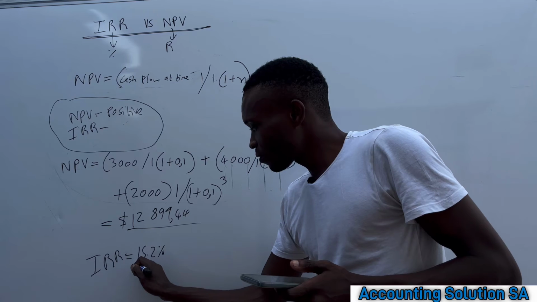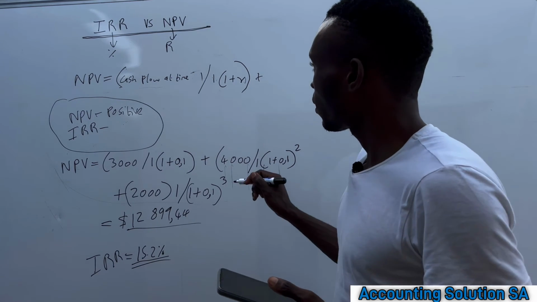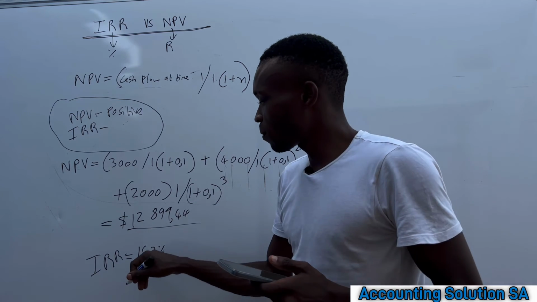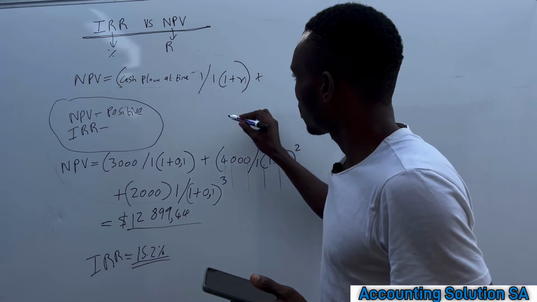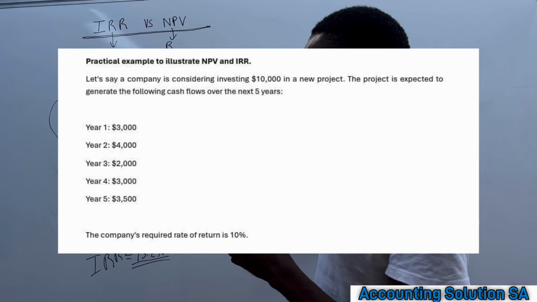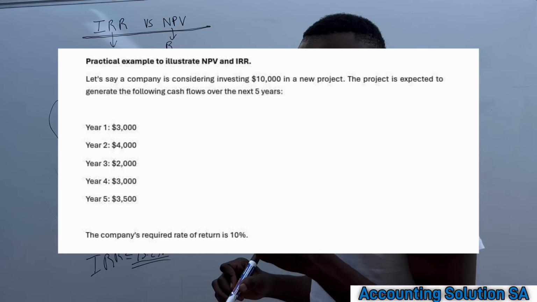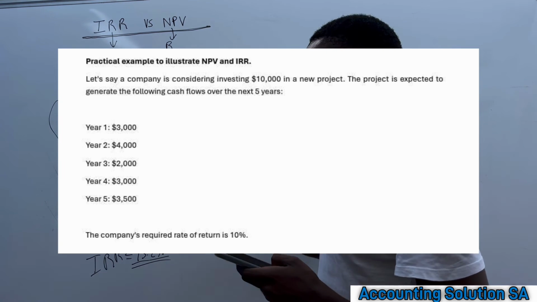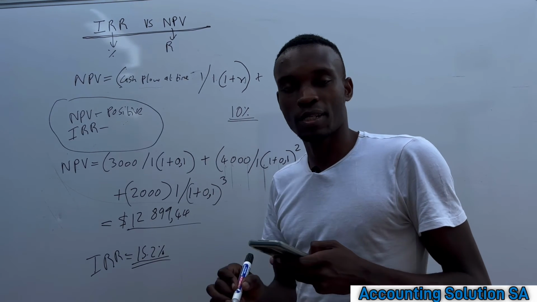Okay, let's say it's 15.2%, which means that now when you compare 15.2% and you check, remember they said that the company requires 10% of return. Simply, this 15.2 is more than 10%.